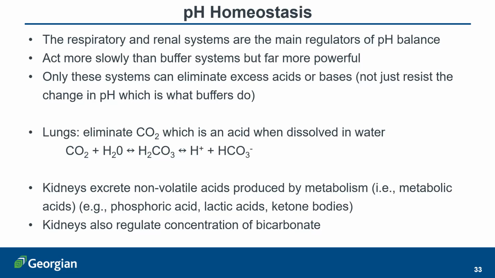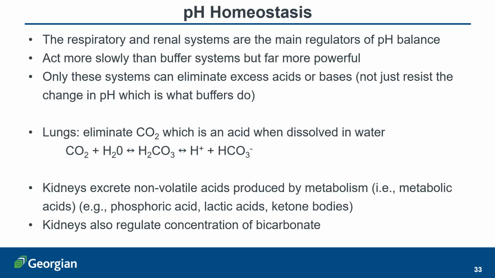What a buffer does is try to minimize the change temporarily, but in the long term, it cannot control the pH. What can control the pH are the two main regulators of pH balance, which are the respiratory and renal systems. They act far more slowly than buffer systems, but are far more powerful, as we just discussed, because they are the only systems that can really eliminate the excess acids or the bases and not just resist the change in the pH, which is what the buffers do.